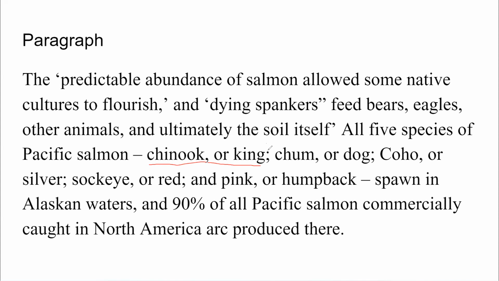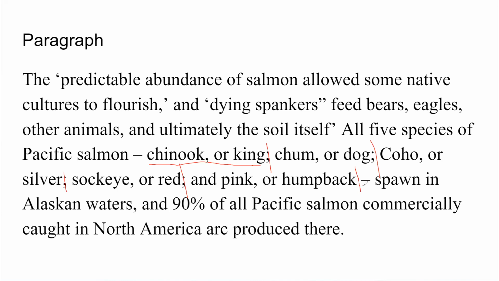That means this is one category of Pacific salmon. Now, next is chum or dog. That is second category. Coho or silver. That is third category. Sockeye or red. That is fourth. Pink or humpback. That is the last category.